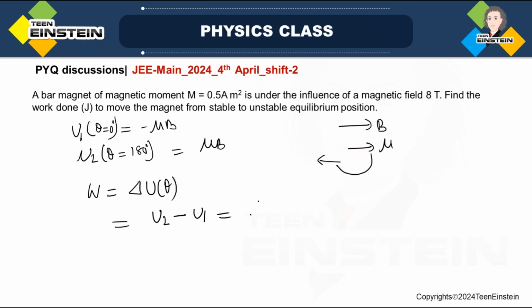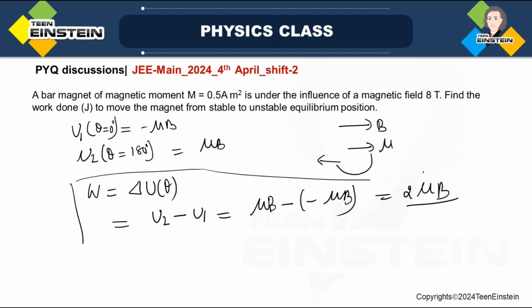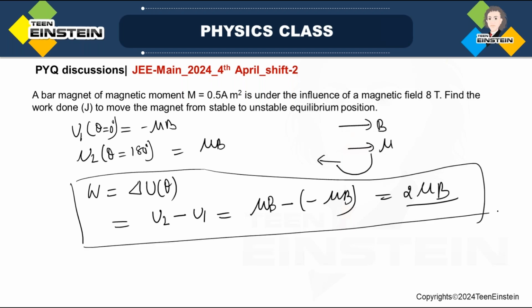So U2 is mu into B, minus of minus mu B. This is 2 mu B. I am doing this very rigorously just to make you understand, but in the exam, I'll just write this formula, or even directly write work done is equal to 2 mu B, 2 times of mu B.